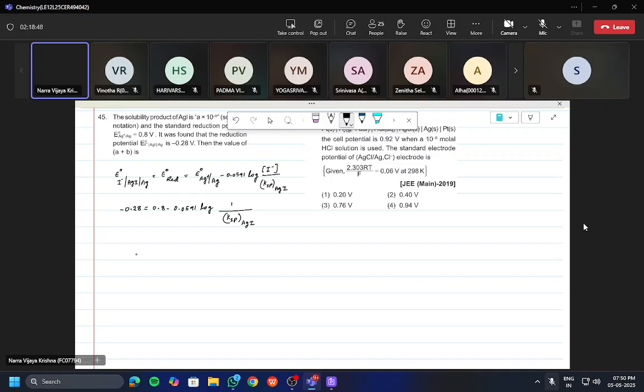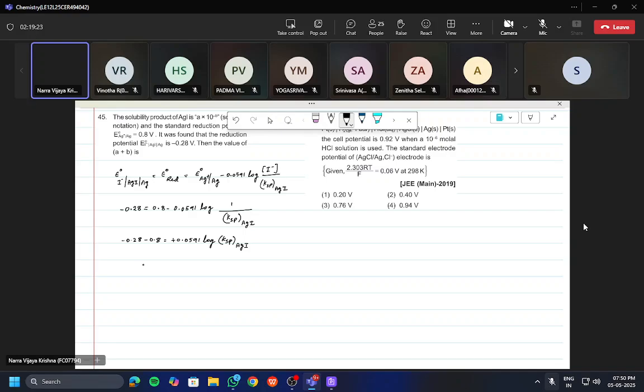Now bring this to this side. Minus 0.28 minus 0.8 equals, I will write plus, 0.0591 into log Ksp of AgI. Can I write like this? Correct? So what is this value? 0.28 plus 0.8 divided by 0.0591 is 18.27.